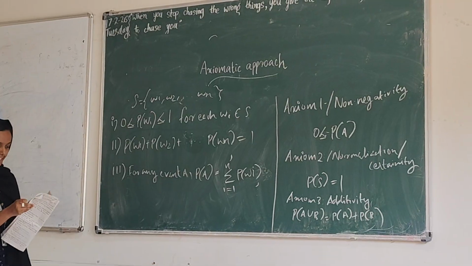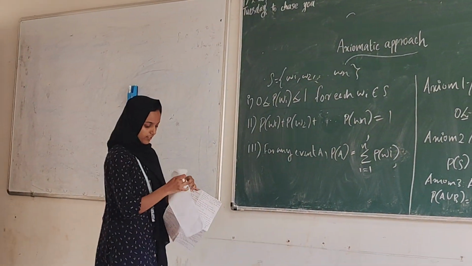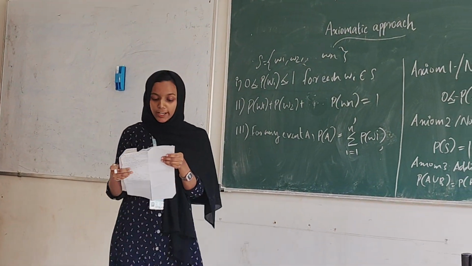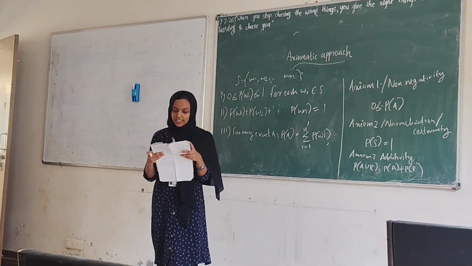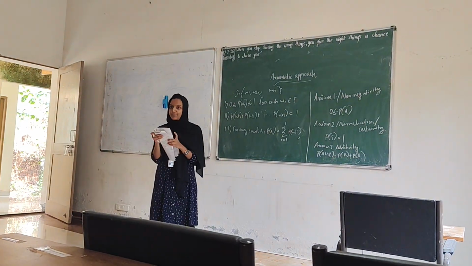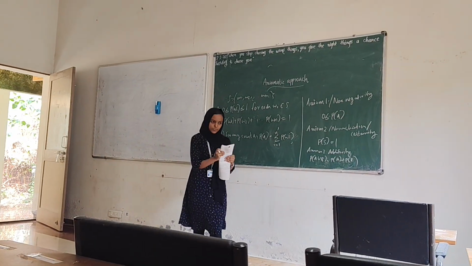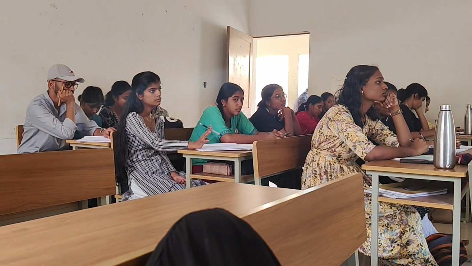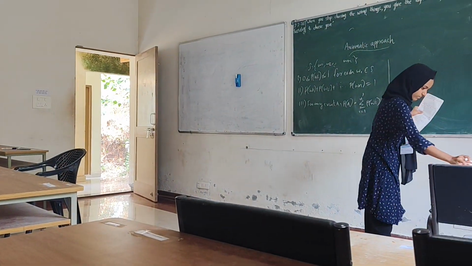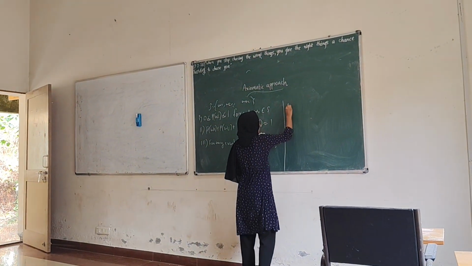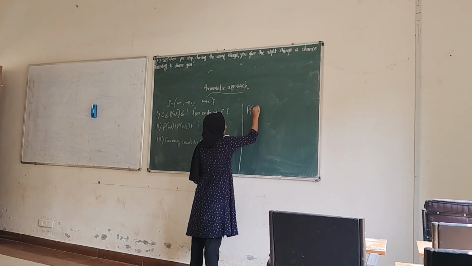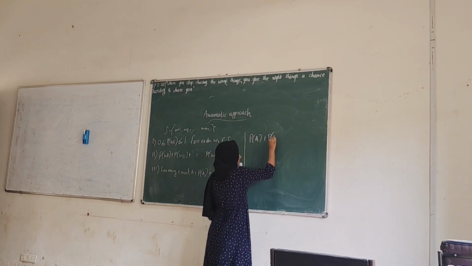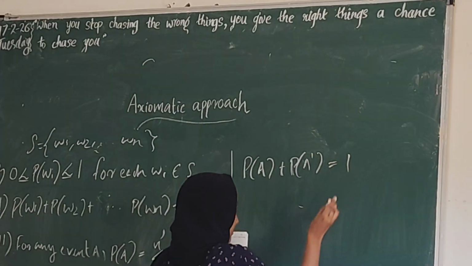So now, by using these three axioms, we can prove some useful theorems. Theorem 1 is P of A plus P of A complement equal to 1.